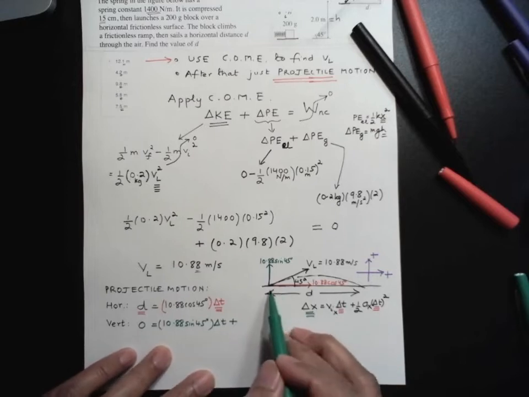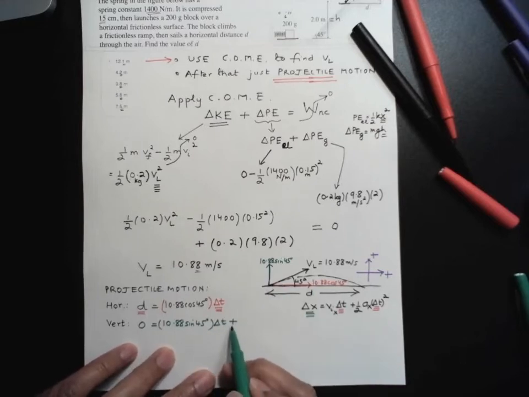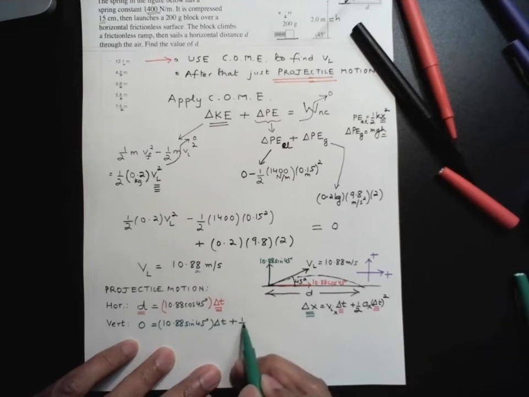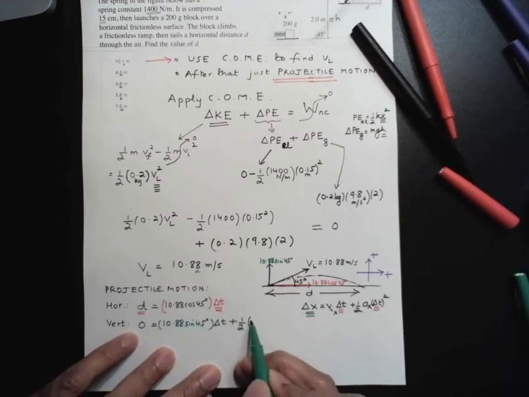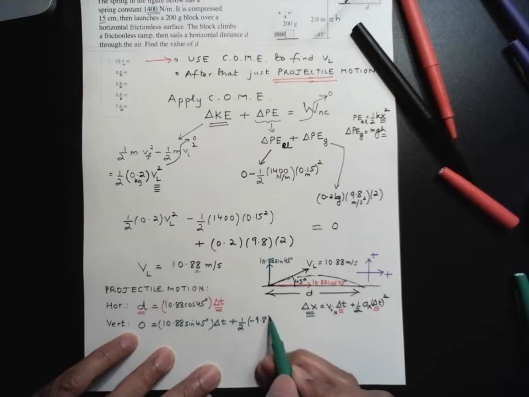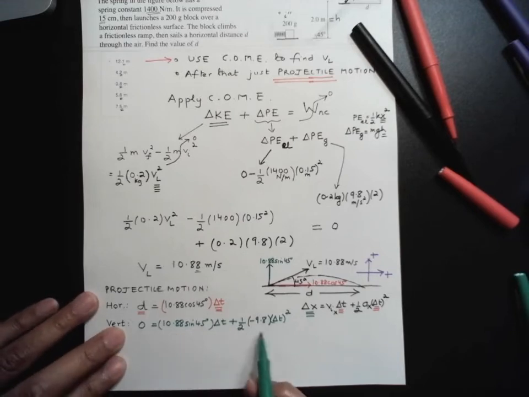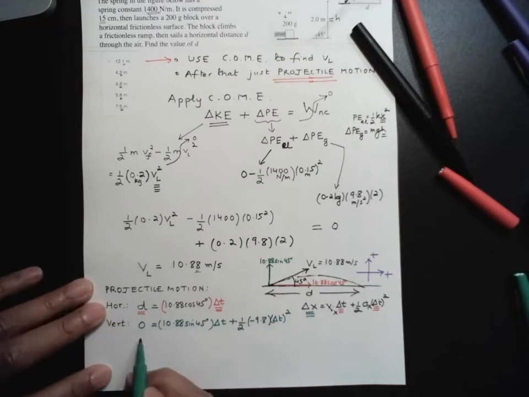So in the vertical direction, you got this, and delta t plus 1/2. The acceleration is minus 9.8, right? Because it's down. And then delta t squared. And you'll notice that in this equation, delta t is the only unknown. I can solve for it, right?